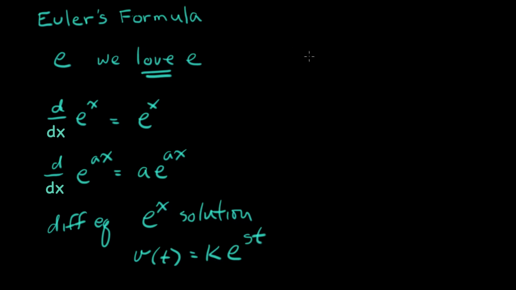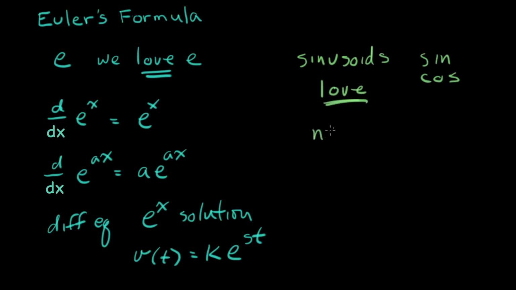So there's something else we love too, and that is sinusoids, or sines and cosines. Okay? We love these. And that gets 2 lines. Now, why do we love these? It's because they happen in nature.